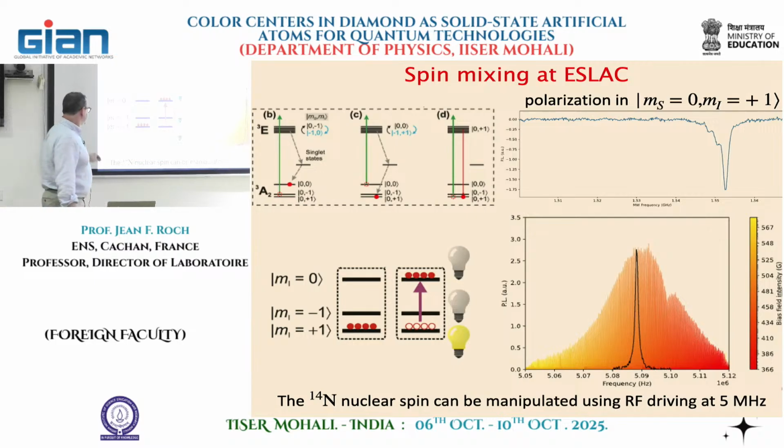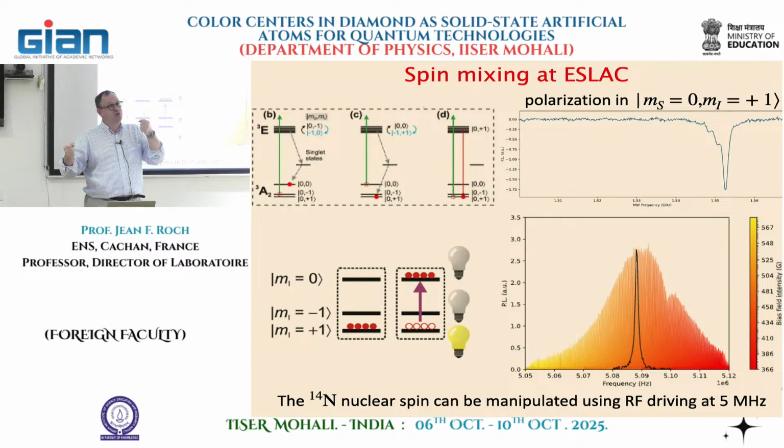Why? Because, of course, now, as we have this transition, we reproduce the polarization scheme that we have. So we have linked a given value of MI to a given value of MS. Okay? So if MS equals 0, this will be bright.